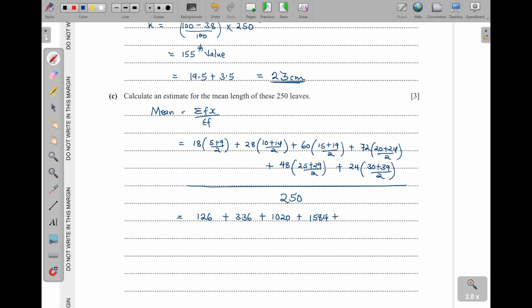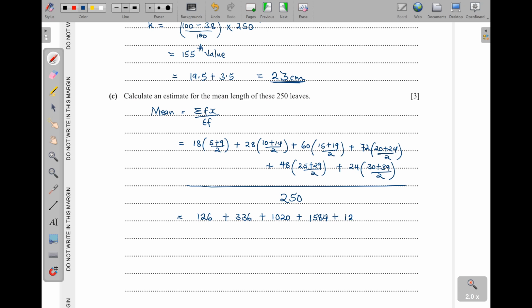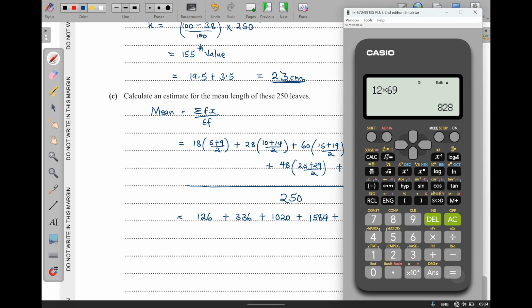Then the next one will be 48 divided by 2, that is 24, then times 54. 24 times 54, that is 1296. Then the last one is 24 divided by 2, that is 12, then times 69. That is 828.